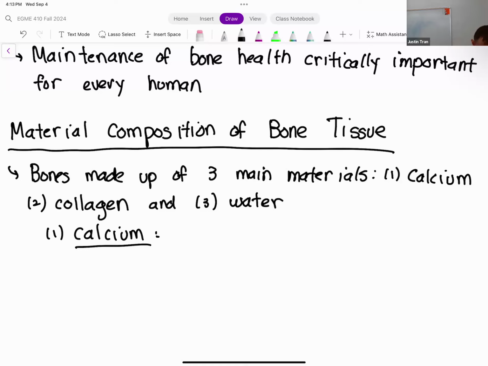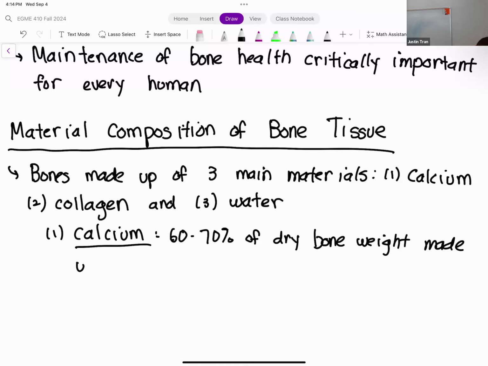All right, so calcium. Calcium makes up the majority of the composition of bone. It varies from bone to bone, but for the most part, 60 to 70% of the dry weight of bone is made up of calcium. Okay.